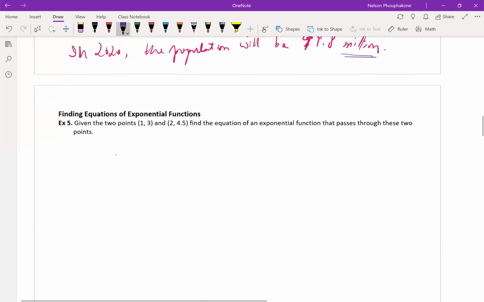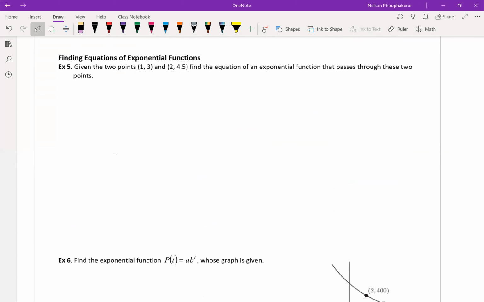Okay, then now let us work on the next two problems. The next two problems are really helpful because when you get to section 4.6, you will see that we will have some problems like this again.